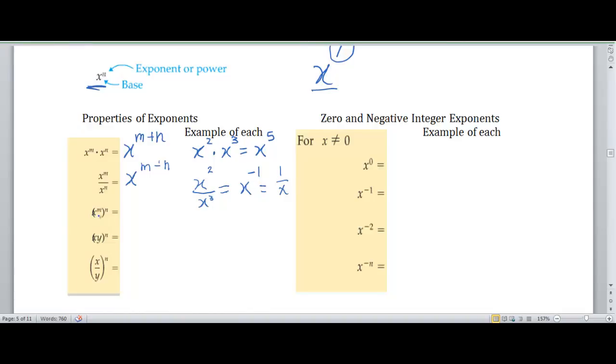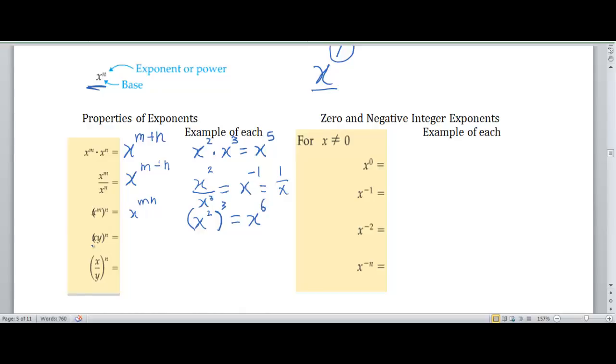The font got a little messed up there, but that's x to the m raised to the n, and that's x to the m times n. Okay, so if you have x squared raised to the 3rd power, 2 times 3 is 6, so that would be x to the 6th.